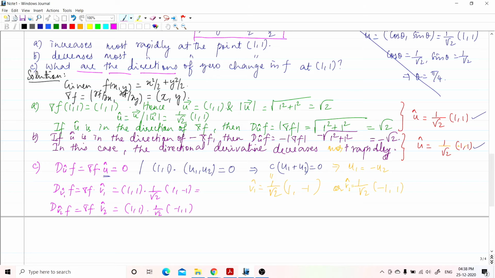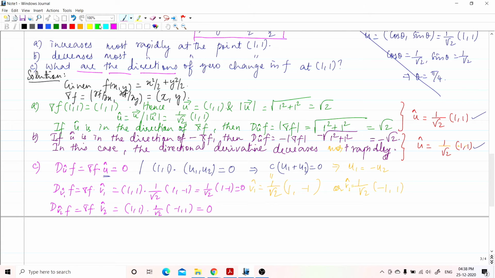Class, I am just asking you to take the dot product of these two. Zero, sir. Yes, so you would have 1 upon under root 2, which is a constant, so you take it outside. So you are going to have 1 minus 1, which is 0. The same is going to happen in the second case as well. Remember, I have written it as a coordinate.